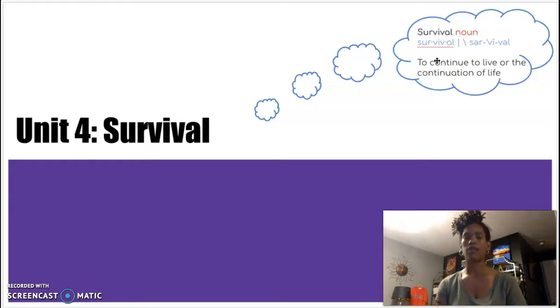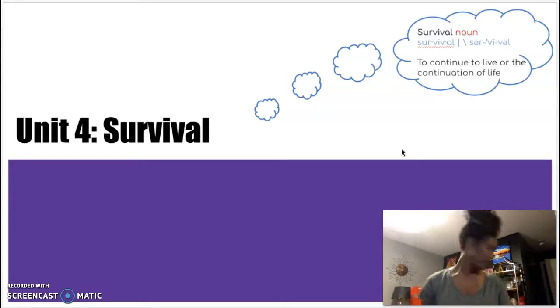Three. The definition for survival means to continue to live or the continuation of life. For example, there are many people in Houston who are surviving the coronavirus outbreak. Surviving is to stay alive.